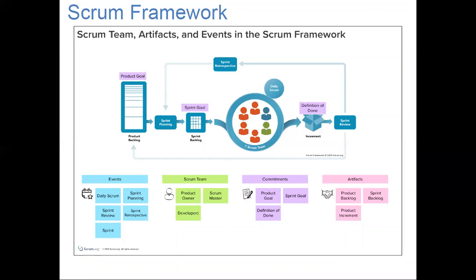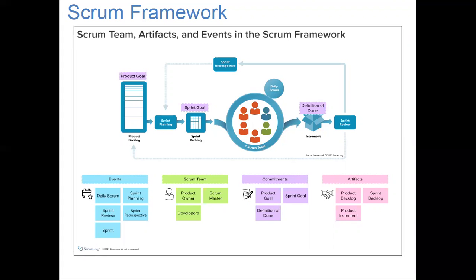Scrum consists of many things. We have a Scrum team, we have artifacts, we have events, we have commitments. Let's go one by one. We have 5 events. We call it the magic of 353. The 5 events include daily Scrum, sprint planning, sprint review, sprint retrospective, and the sprint itself is an event.